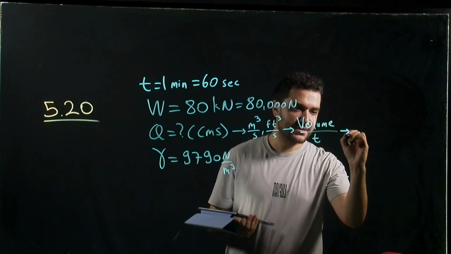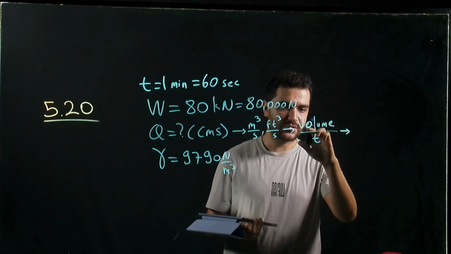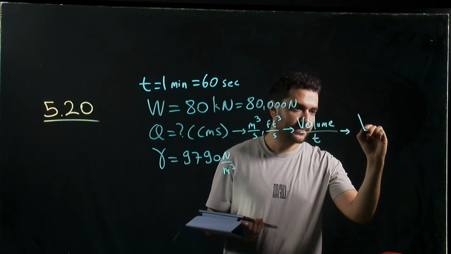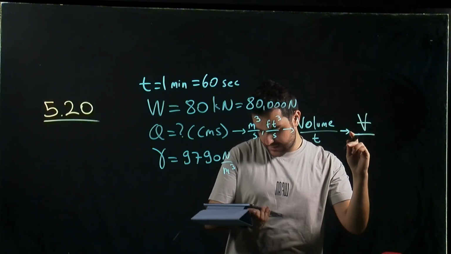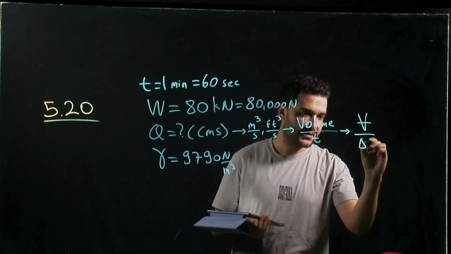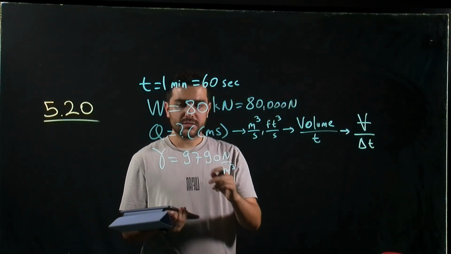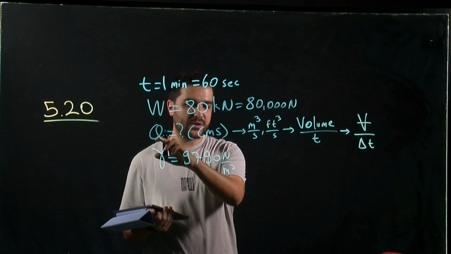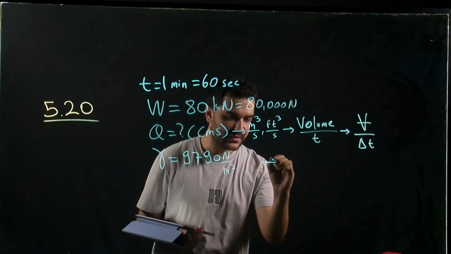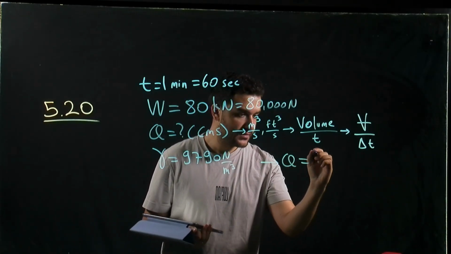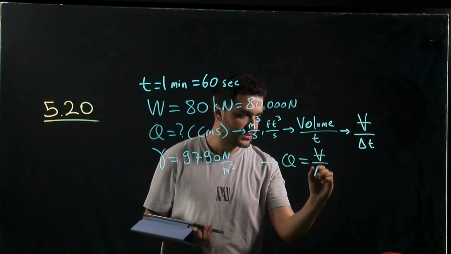Or we can use symbols to explain this. The volume will be this, and we have delta t, which is the time passed. So here the main question is finding flow rate. So we can write flow rate as volume over time.